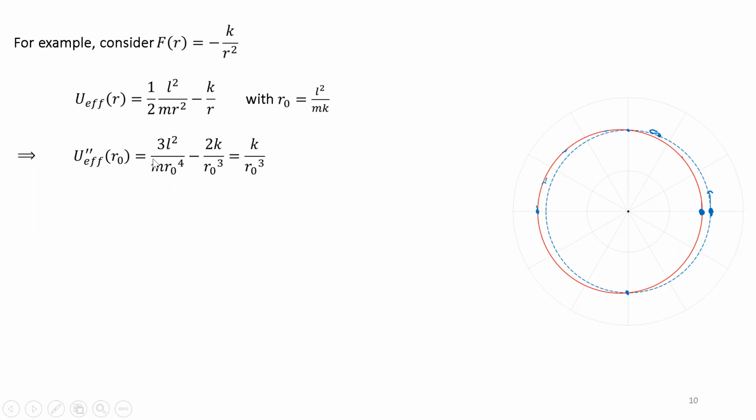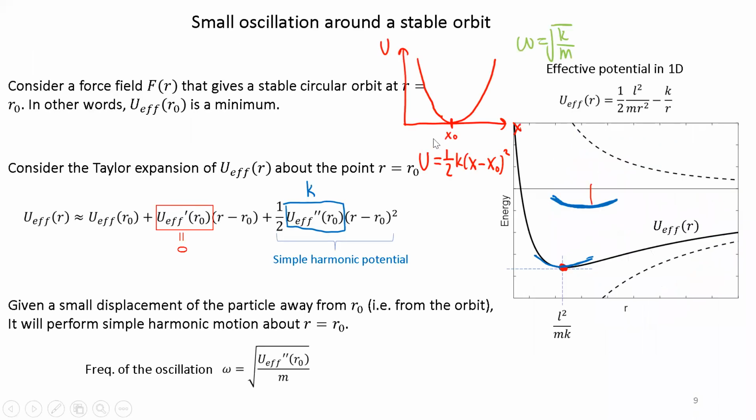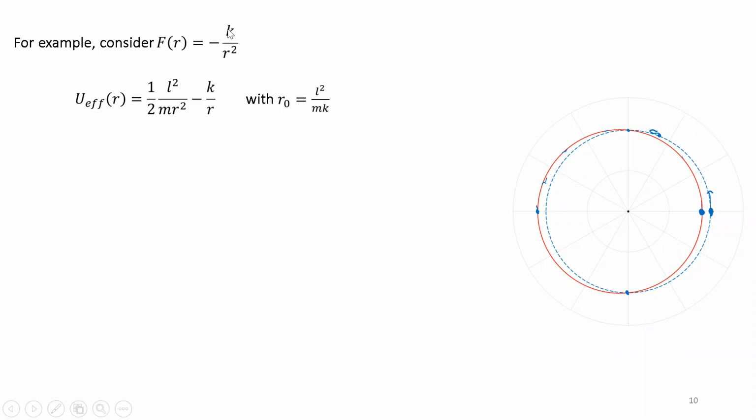My second order derivative is this, and you substitute this r naught, this L squared back to here, then you will find that the second order derivative is given by this k divided by r naught cubed. One thing, again, I use the same symbol, but remember, the 1/2 kx squared is the spring constant k. This k is not that spring constant k.